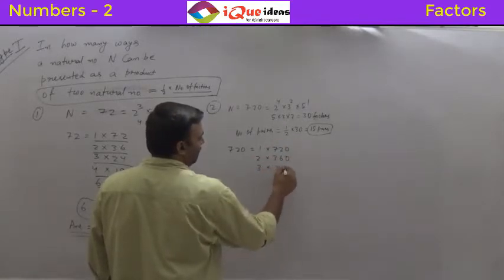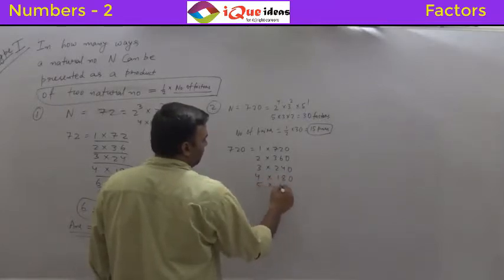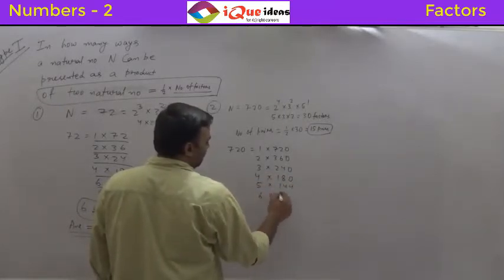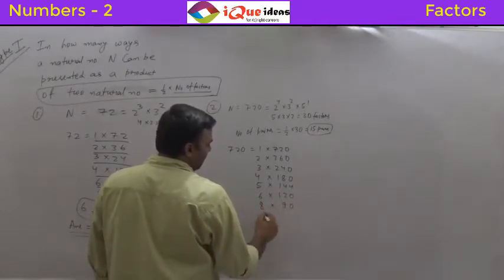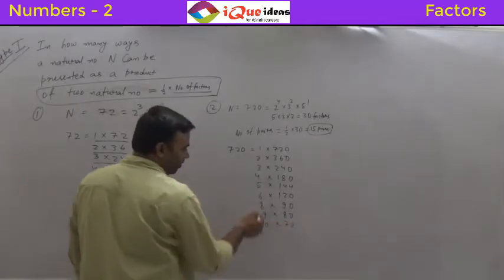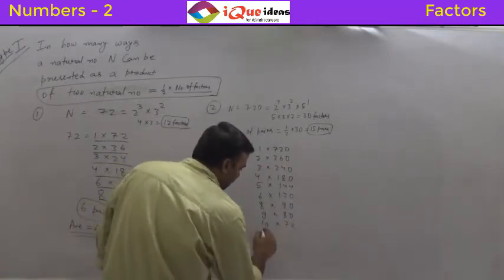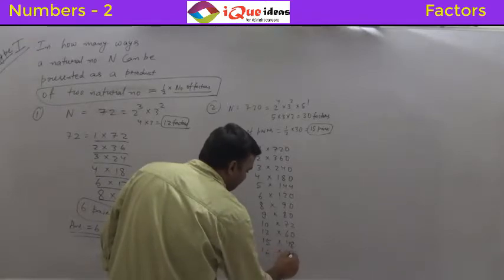3 into 240, 4 into 180, 5 into 144, 6 into 120, 7 will not be there, 8 into 90, 9 into 80, 10 into 72. You can see that this will go on increasing, this will go on decreasing. 11 will not happen, 12 into 60, then 13 and 14 will not happen, 15 into 48, 16 into 45.